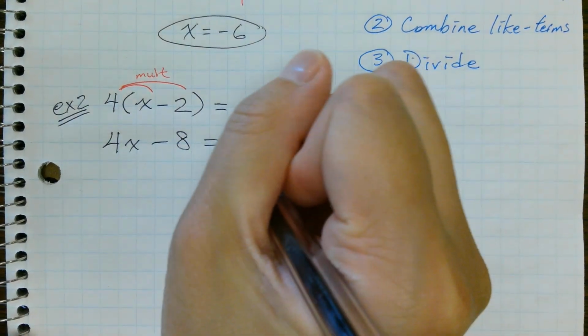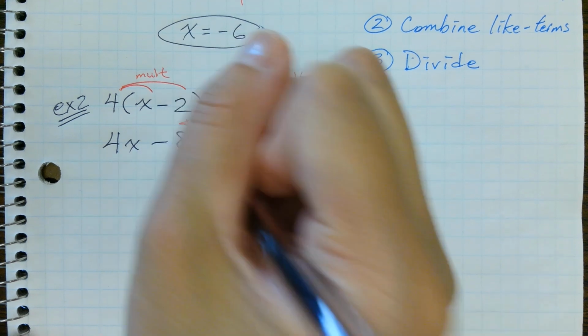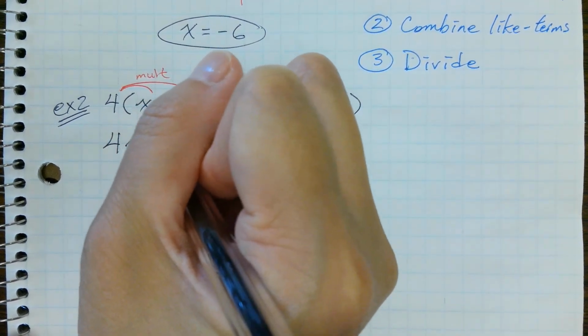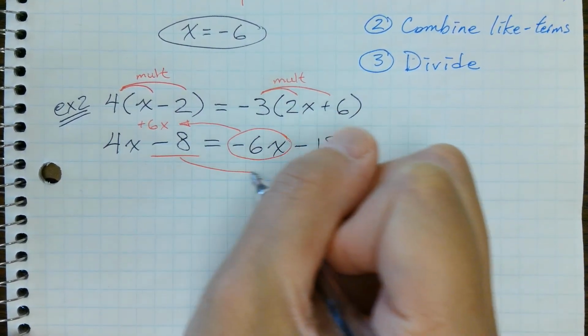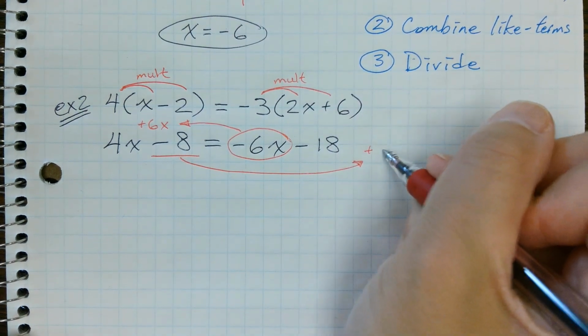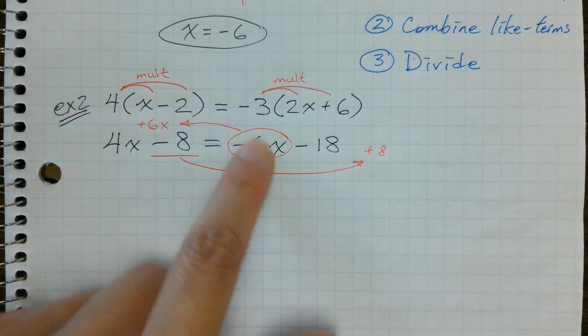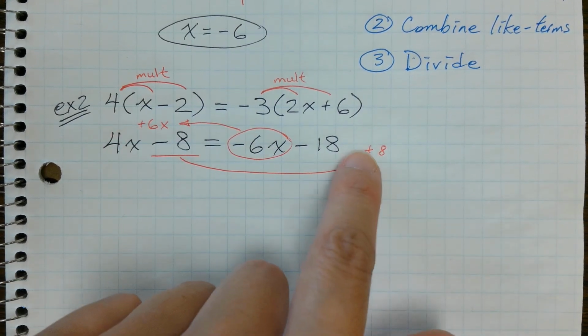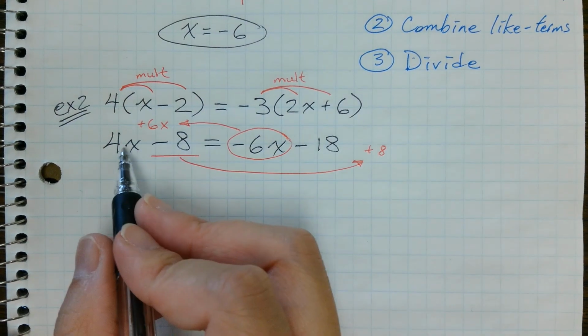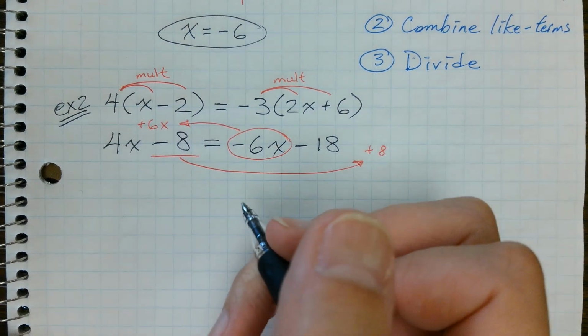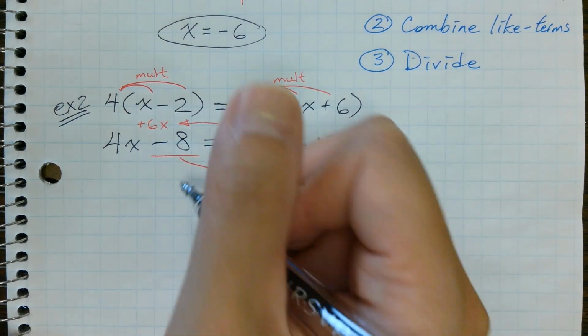So let's move this over to the left, and it becomes plus 6x. And move this over to the other side, and it becomes plus 8. It's not always plus. It just happens to be negative, so it becomes positive. So 4x plus 6x is 10x.